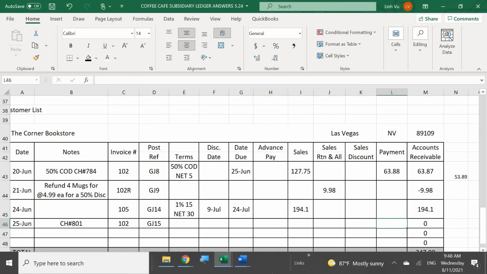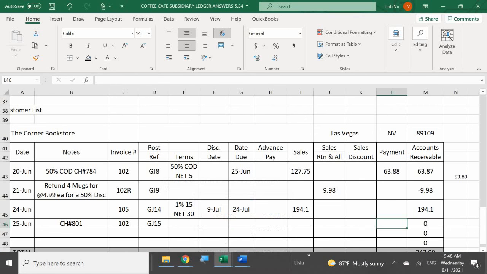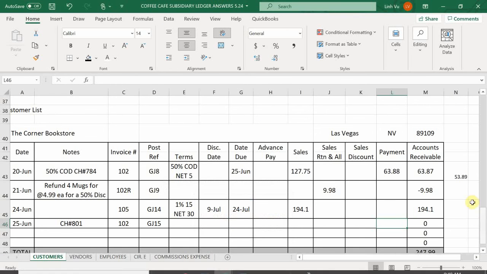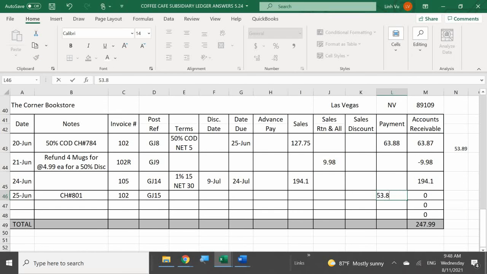Then we go all the way to payment. And 53.89. And that shows their total balance due is 194.10. So 53.89 to give us 194.10, which is the most recent one that we just sent them the day before.